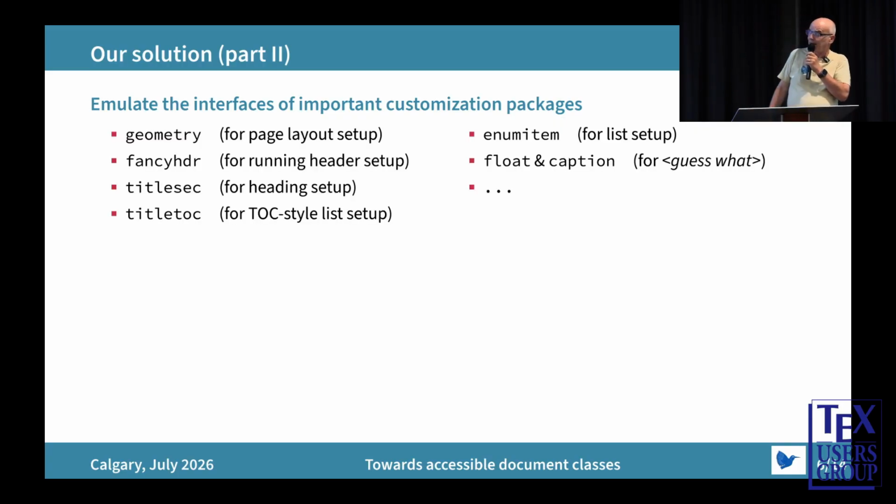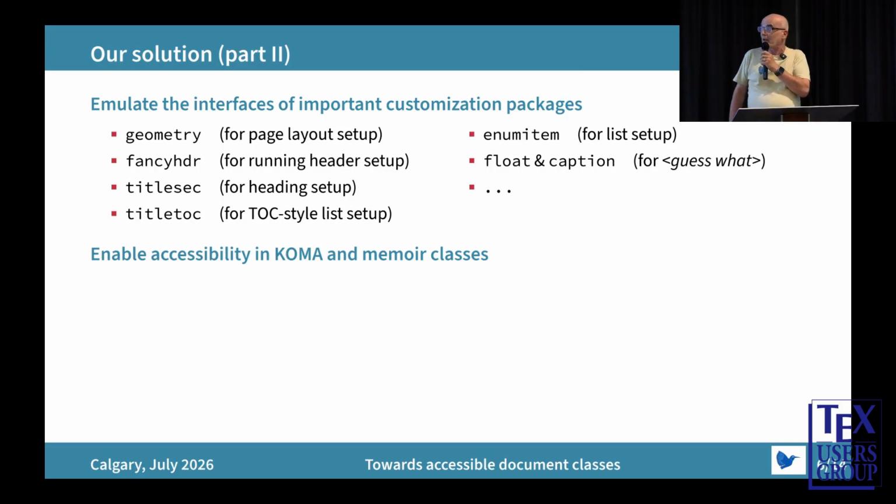So that's the idea. So this is kind of the current set of things where we're looking at. The ... means there might be a few more coming that we decide it's important to emulate as well. And the third part of the second part is that we want to do the same to the Koma classes and Memoir classes.